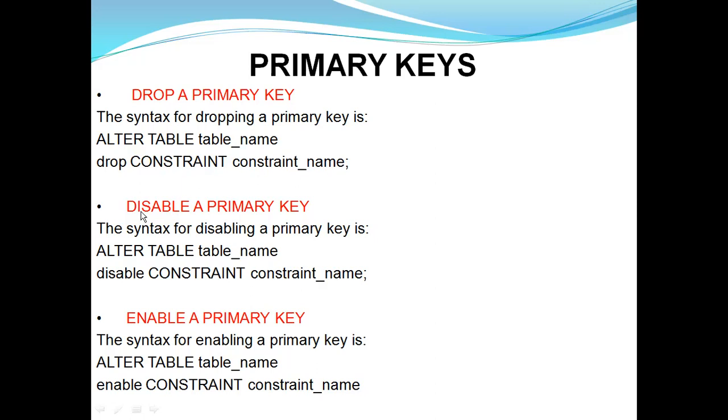For disable, the syntax will remain the same. Only difference is instead of drop, we'll use disable. And for enable, exactly the same, but instead of disable, we'll use enable. So you can enable the constraint, disable the constraint, and drop the constraint. So I hope the primary key constraint is clear.